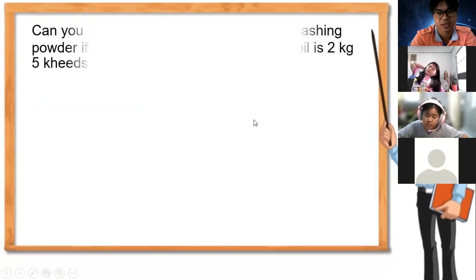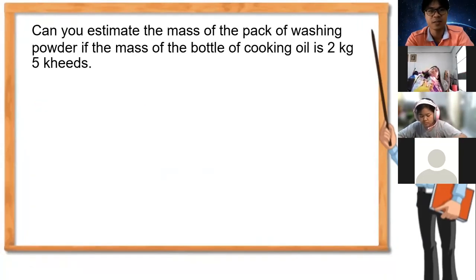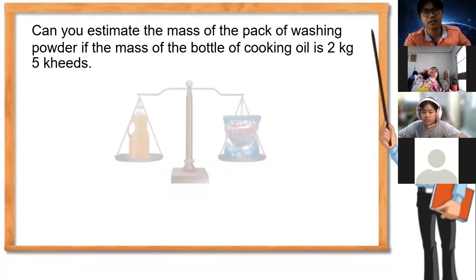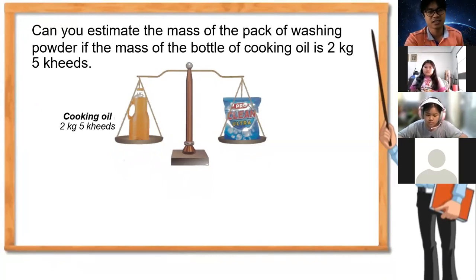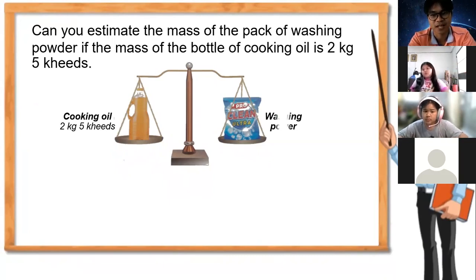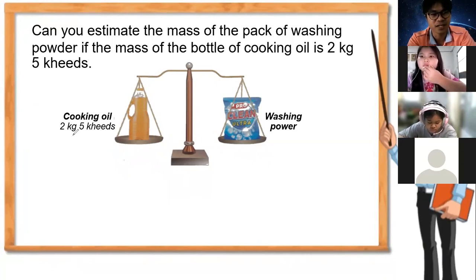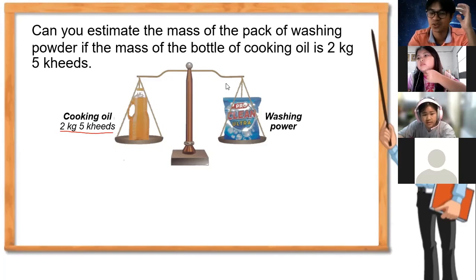So let's go here. Some examples. Can you estimate the mass of the pack of washing powder if the mass of the bottle of cooking oil is 2 kilograms and 500 grams? What do you think? That's only our estimation because we don't know, right?